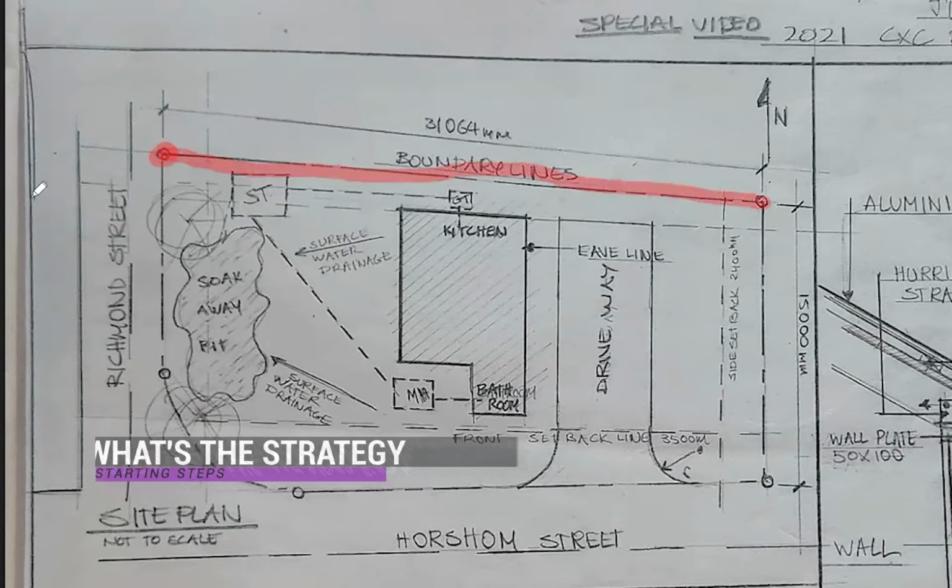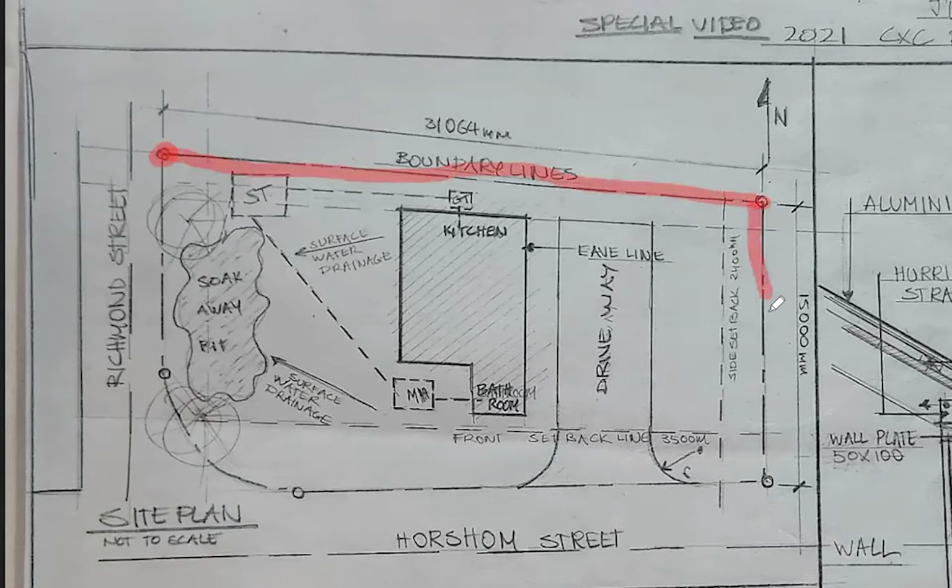So I need to draw this boundary, and all the measurements are given. That's the first thing I need to draw. Draw that boundary.